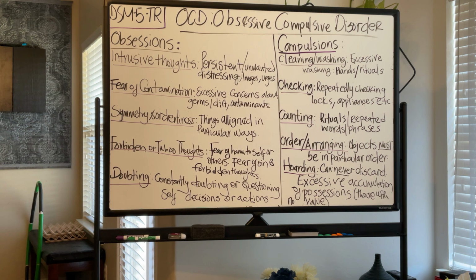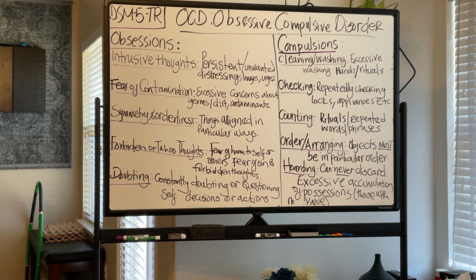The other one is forbidden or taboo thoughts. These would be fears of harming oneself or others. You have thoughts where you're worrying about committing a sin if you're a Christian, or even disturbing sexual thoughts that interfere with your daily life.